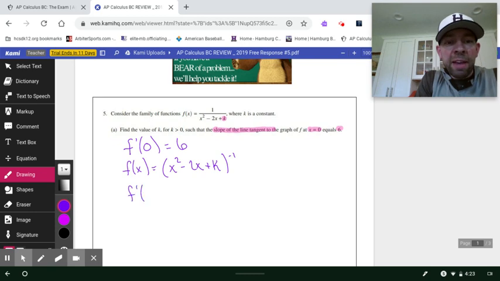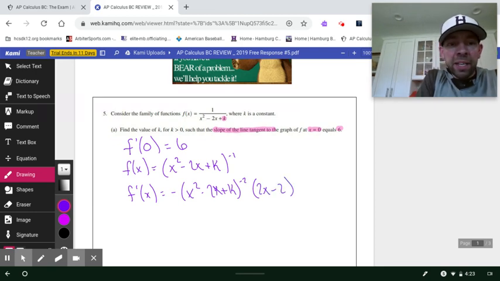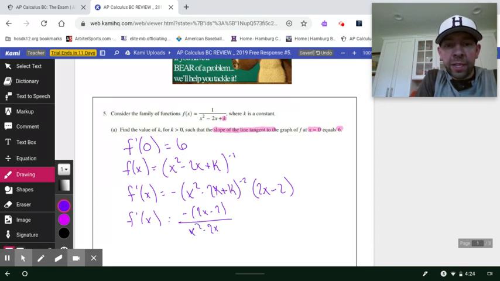The derivative of that function with the chain rule is going to be negative 1 times the inside quantity raised to the negative 2, multiplied by the derivative of the inside. If I clean that up a touch, I get negative quantity 2x minus 2, all over the quantity x squared minus 2x plus k squared.